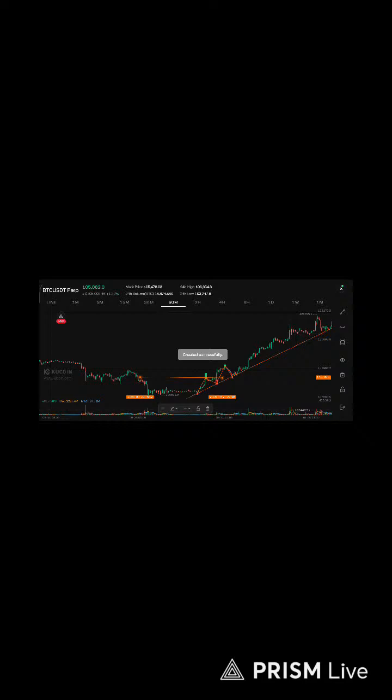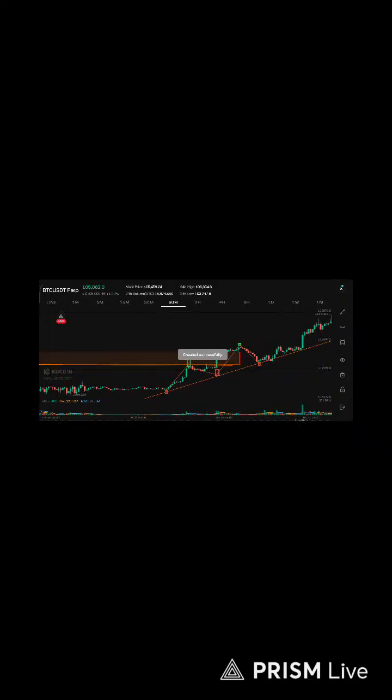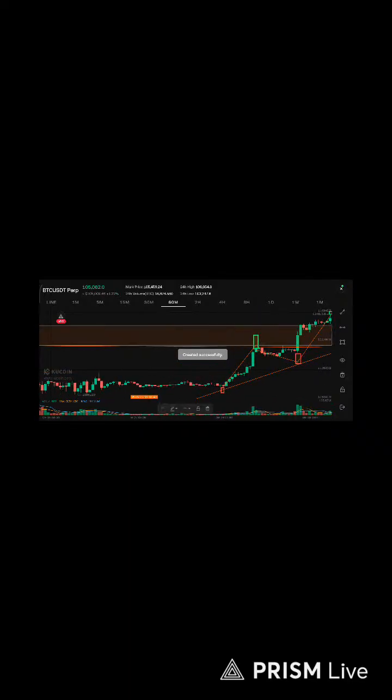This box here, the break of structure just took place here. That is the valid break of structure.